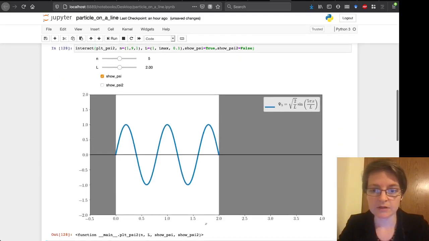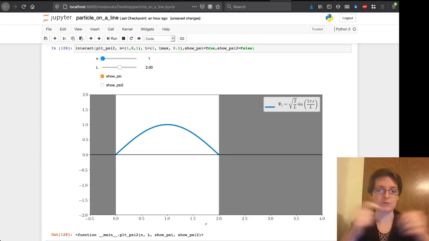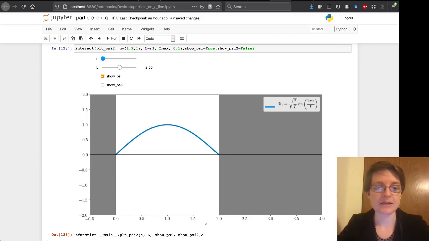Okay, so starting with our wave function for the n equals 1 value, I put psi and then a little subscript 1 because we're talking about n equals 1. That is a sine function with 1 on the inside, and you'll notice that this looks like just the top part of a sine wave.